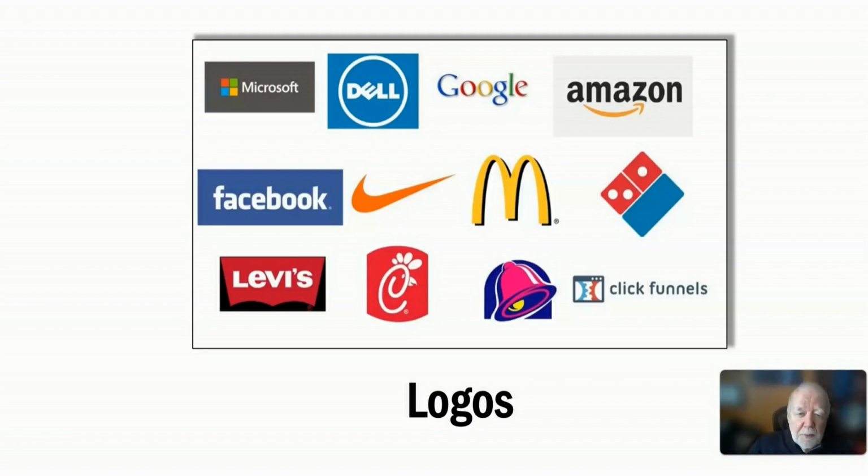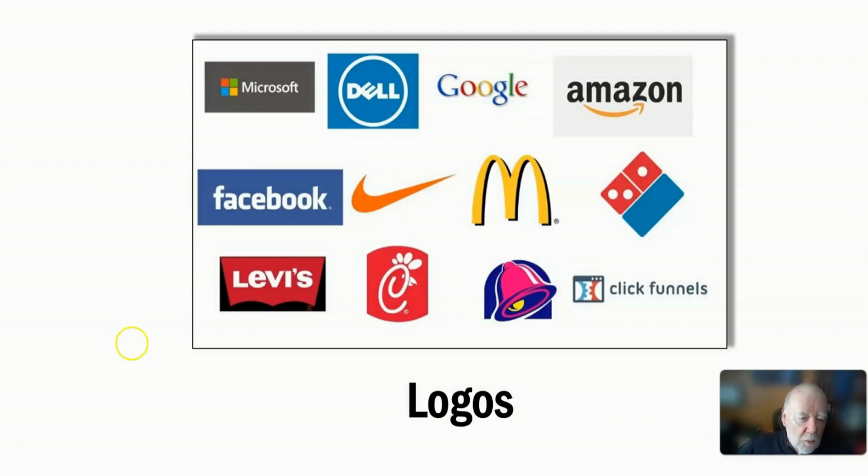And then you've got Domino's Pizza. So not all logos will have their name in it. Generally they do, but very popular logos, like Chick-fil-A, don't. It doesn't say Chick-fil-A, but you know right away that little chicken with the red background is Chick-fil-A. We recognize these logos.